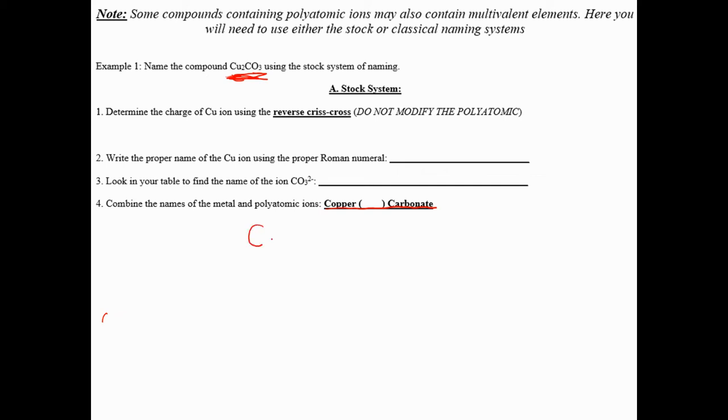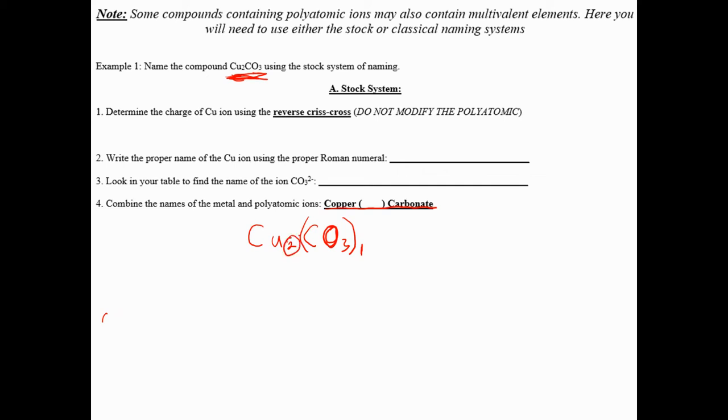So you can still do the reverse crisscross, Cu2, CO3. The thing is, you do not want to disturb this polyatomic ion. When you're doing a reverse crisscross, you put a bracket around your polyatomic ion, and this means there's actually just one of that polyatomic ion there.